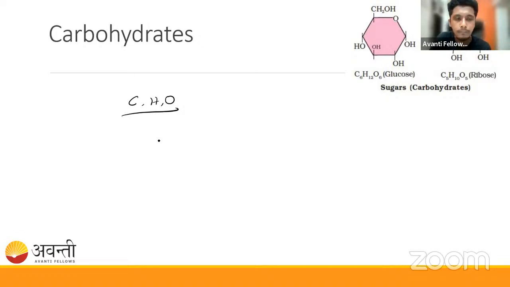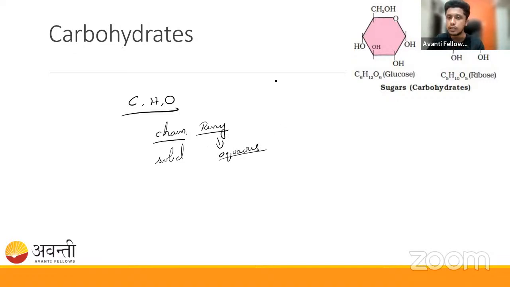One, it can be a normal chain, or it can have a ring structure. Usually the chain structures are found in solid forms, and the ring-like structures you can find when it is dissolved in water, in aqueous solutions.